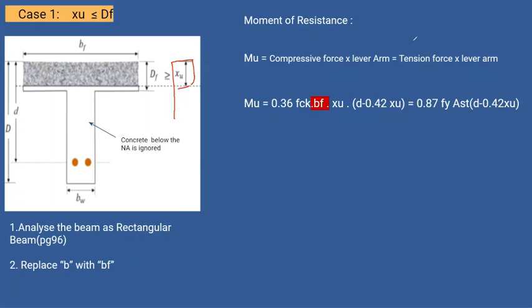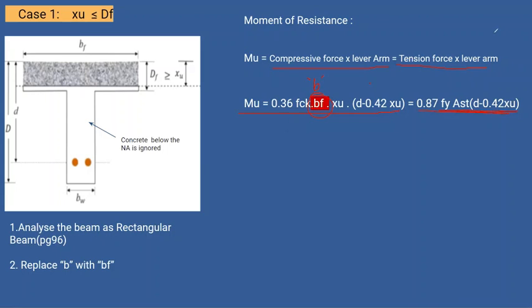Okay, so basically compressive force or tension force into lever arm. ठीक है, compressive force is there. So based on this we already found out, we already used this formula. आप लोग पहले भी use कर चुके हैं इस चीज को. So the only difference is पहले rectangular beam में width of the beam था, यहाँ बस change हो जाएगा. From tension side it is the same.